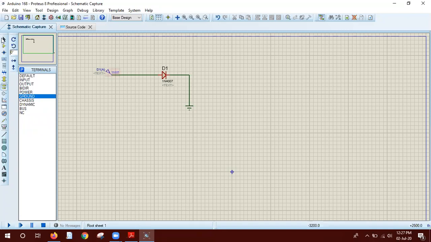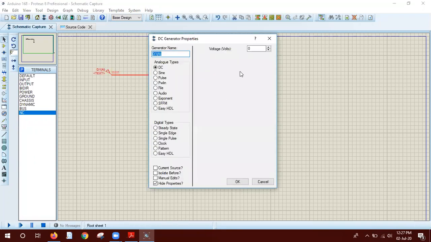Now what else will we do? First of all, let me change the voltage. You see that if we double click there, the voltage starts from 0. But I wanted to see a continuous voltage, which will give me the proper value. So I will change that 0 voltage to X, so that it is the variable.